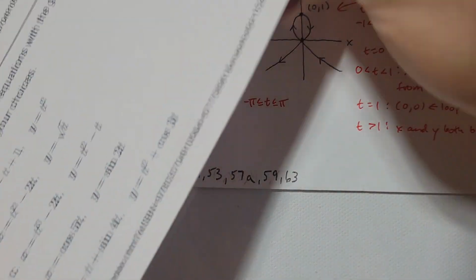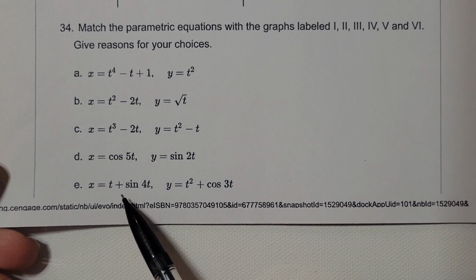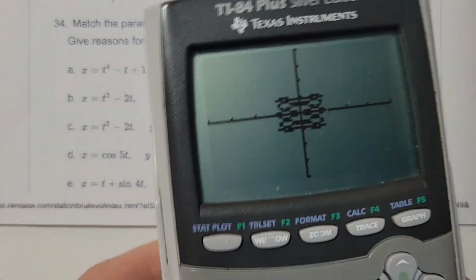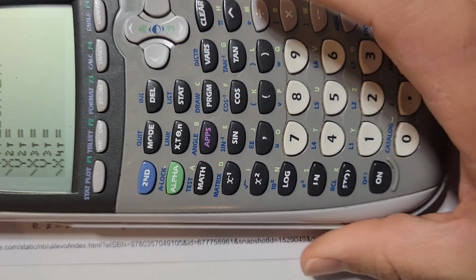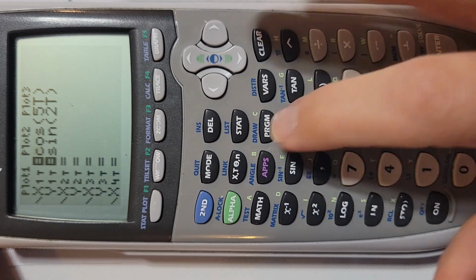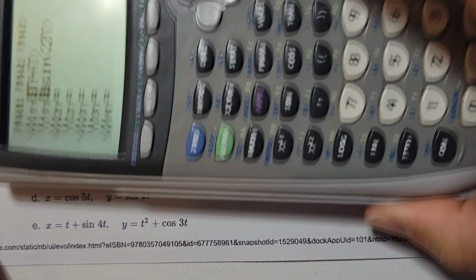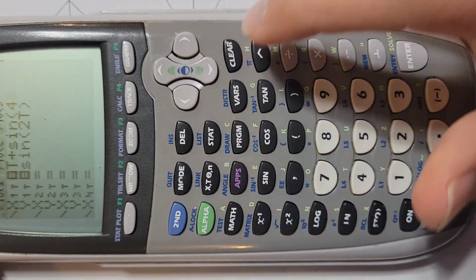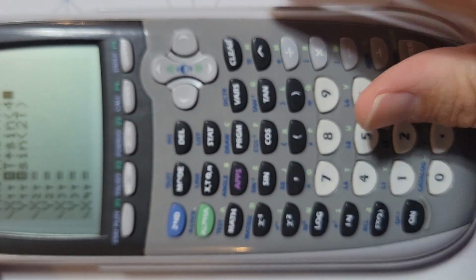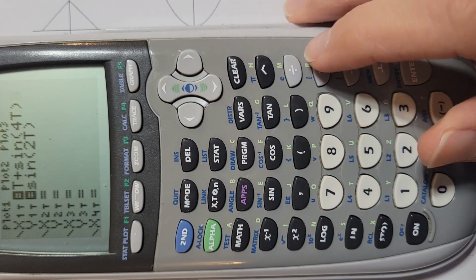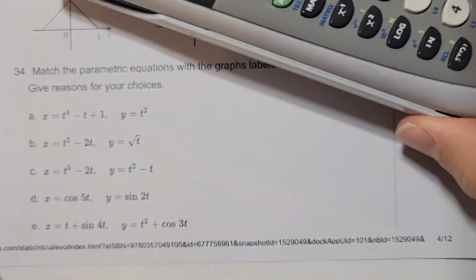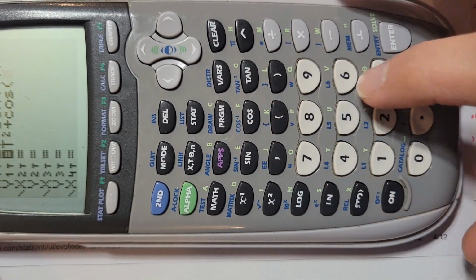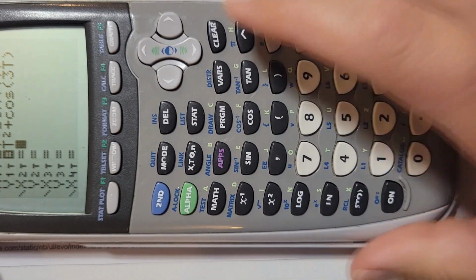And the next one here, we're on E, so we got t plus sine 4t, and then t squared plus cosine 3t. Okay, and hit enter.